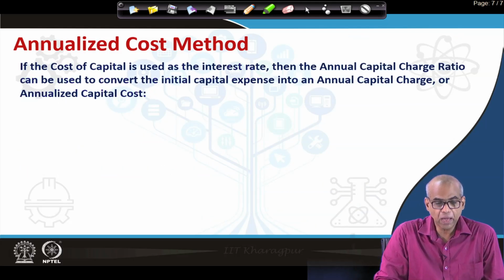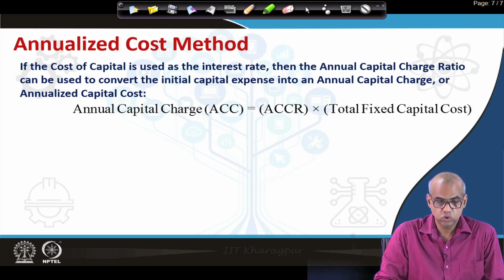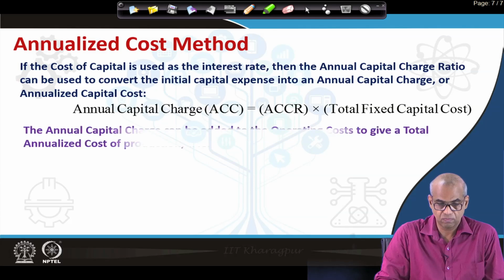If the cost of capital is used as the interest rate, then the annual capital charge ratio can be used to convert the initial capital expense to an annual capital charge or annualized capital cost. So, annual capital charge will be equal to annual capital charge ratio multiplied by total fixed capital cost.